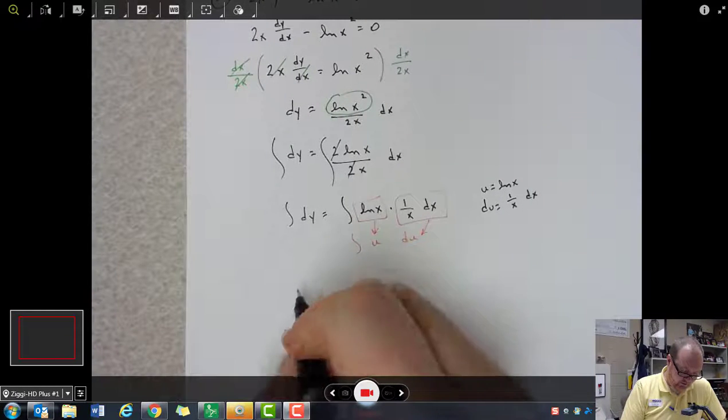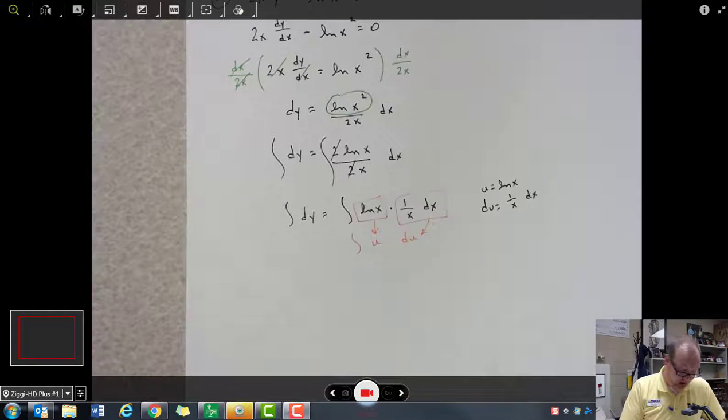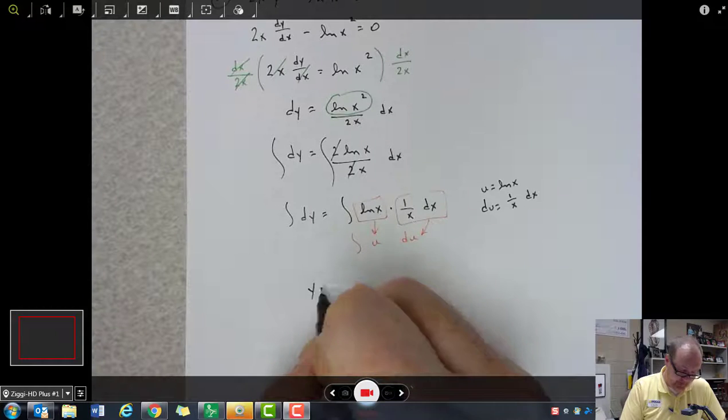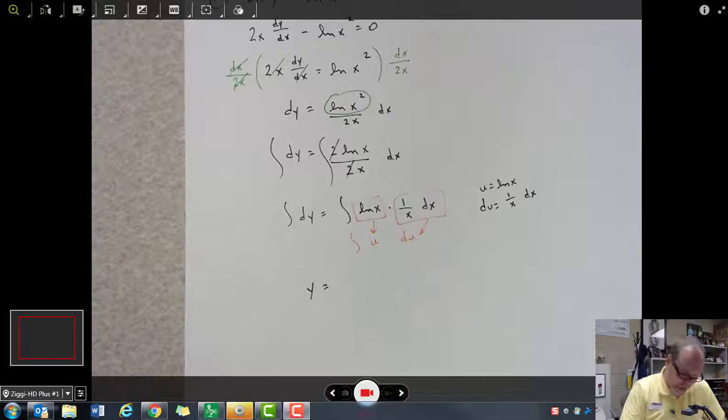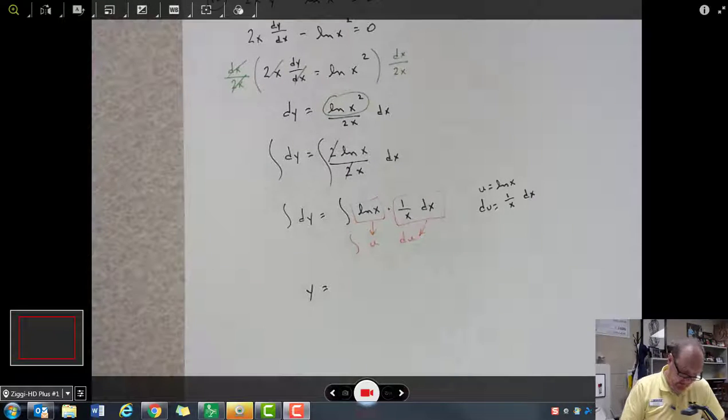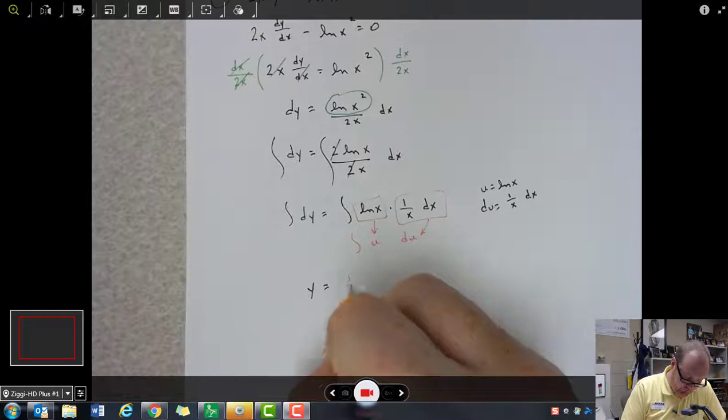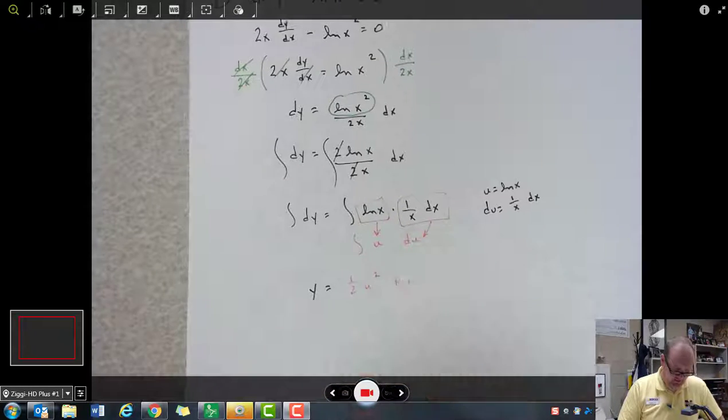If I integrate dy, integrating one dy, that integrates into y. And if I integrate here, that's going to integrate into 1/2 u squared plus the constant.